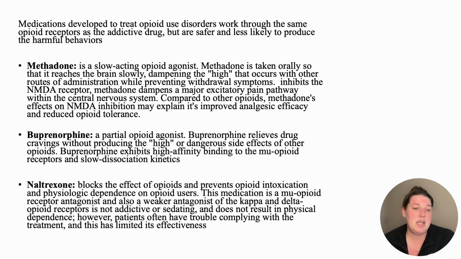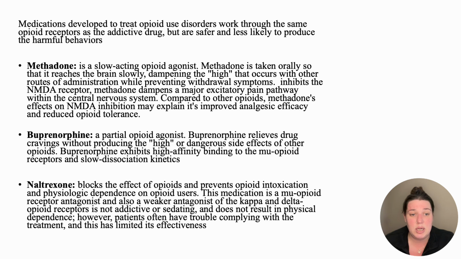Buprenorphine is a partial opioid agonist. Buprenorphine relieves drug cravings without producing the high or dangerous side effects of other opioids. It exhibits high affinity binding to the mu opioid receptors and slow dissociation kinetics.